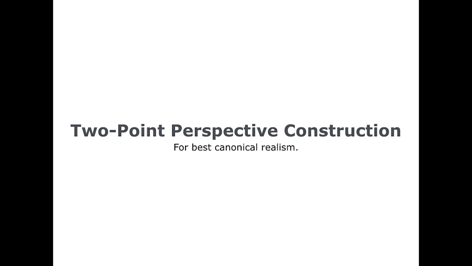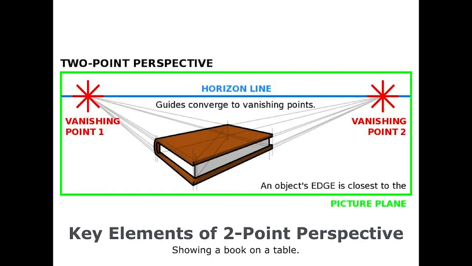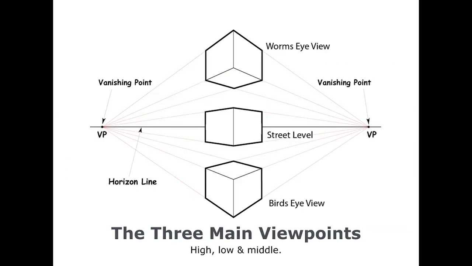Two-point perspective is the most common for product design visualization. Presented here are the main elements of a two-point perspective construction. Two-point perspective creates realistic views of sketches, but within limits.